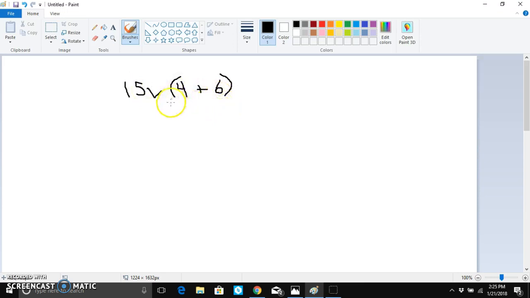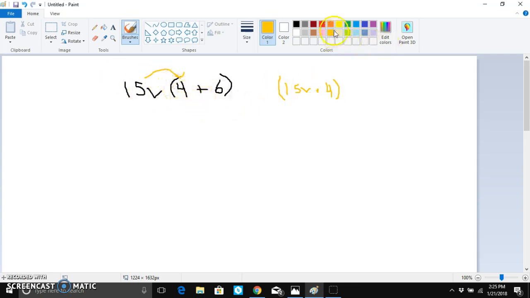Okay, so distributive property says when there's a number outside of parentheses, it means times, and you're allowed to distribute this term with the two terms inside parentheses. So 15v times 4, and once again you can put that in parentheses just to show that you got that from multiplying 15v with 4.